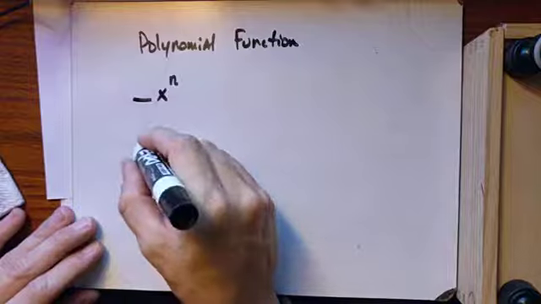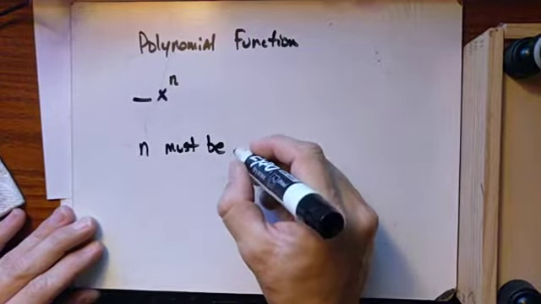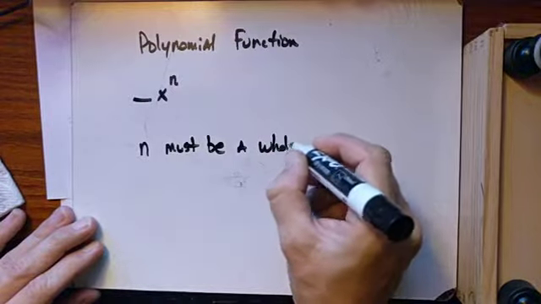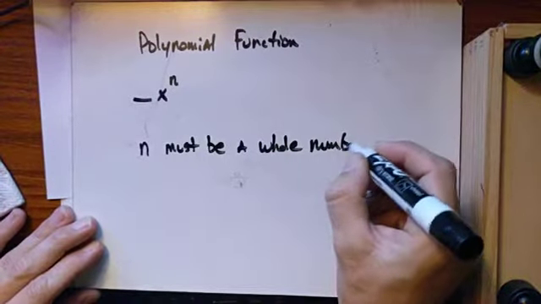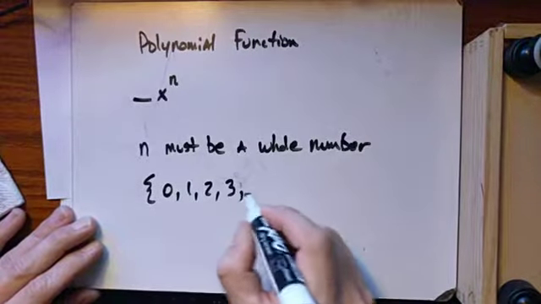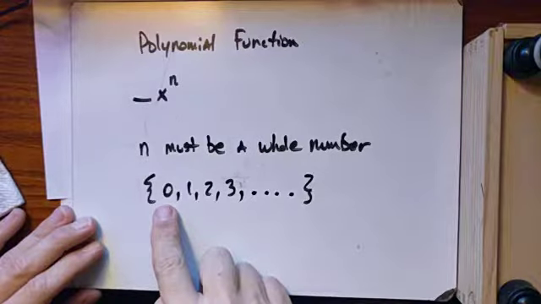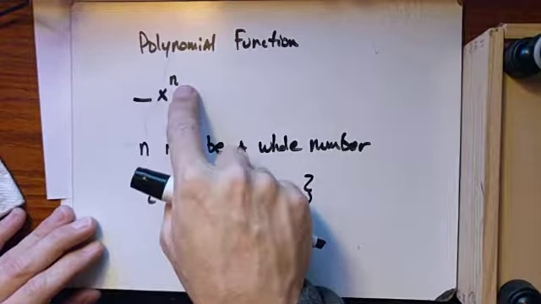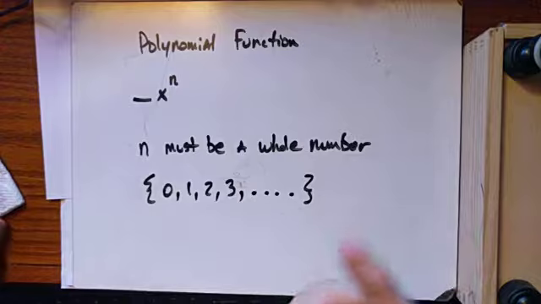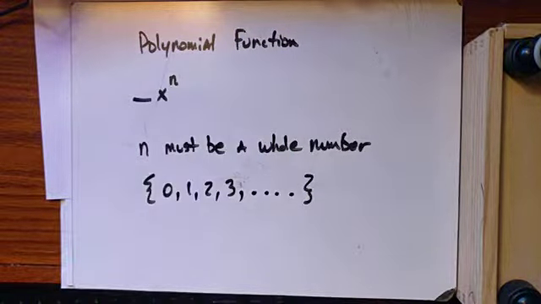Well, n must be a whole number. What is a whole number? Well, the numbers 0, 1, 2, 3, dot, dot, dot. 0 actually is a whole number. So you can have x to the 0, which is 1. So you can have just a plain number be a polynomial, right?